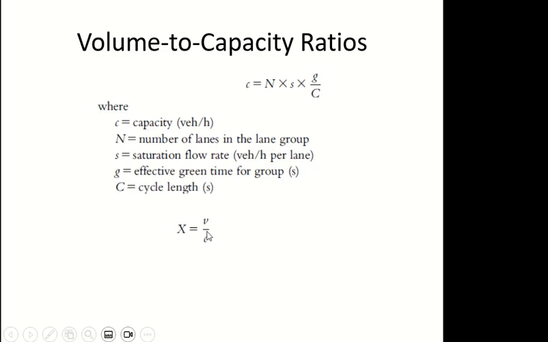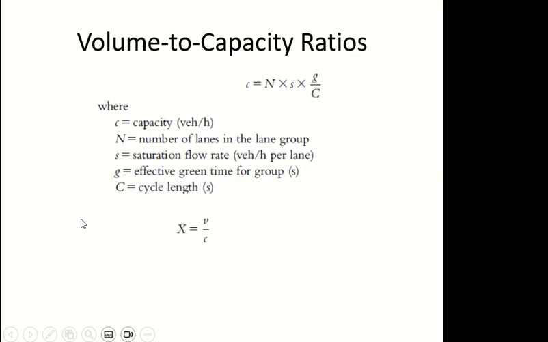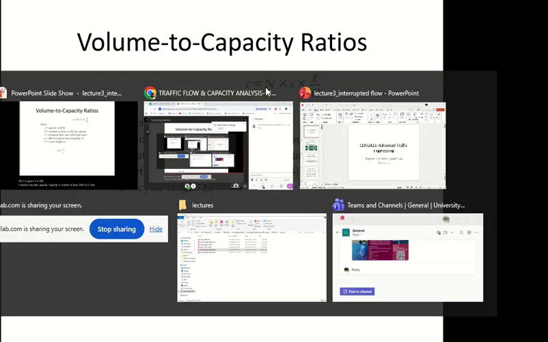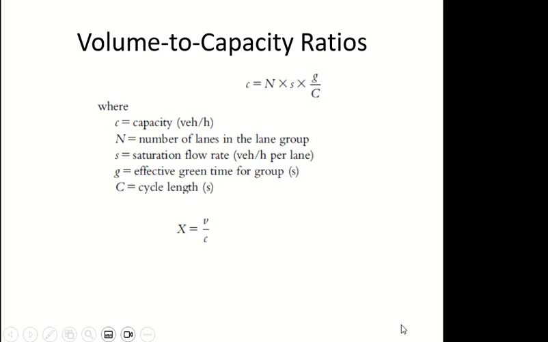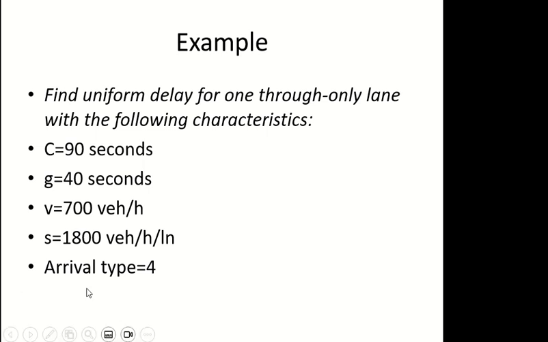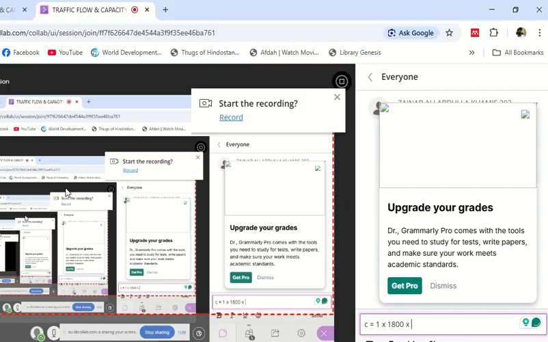Now X is the V by C ratio. V is given, V is 700. I need to calculate capacity. Capacity is number of lanes, S, and G by C ratio. I have one lane only. So capacity is 1 multiplied by the saturation flow rate multiplied by the G by C ratio. How much is this?